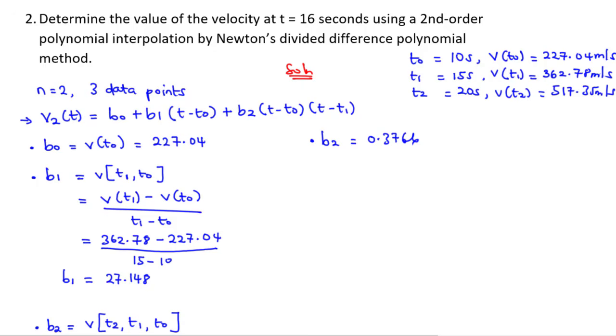So in that regard, the velocity function v2 of t is going to be b0, which is 227.04, plus b1, that is 27.148, times t minus t0, which is 10, and then plus b2, which is 0.3766 times t minus t0 times t minus t1, which is 15.